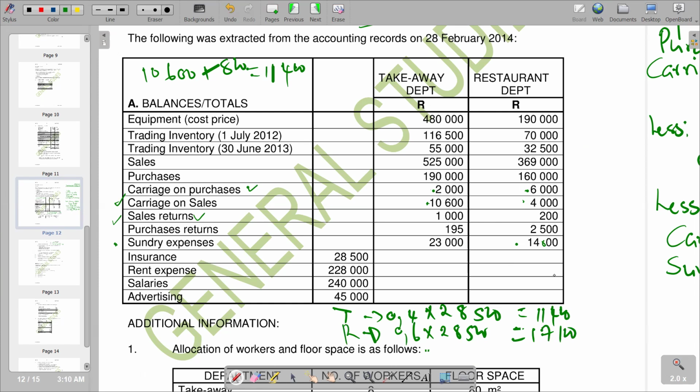So these are the figures that we are going to put: 11,400 for takeaway, and 17,100 for restaurant.